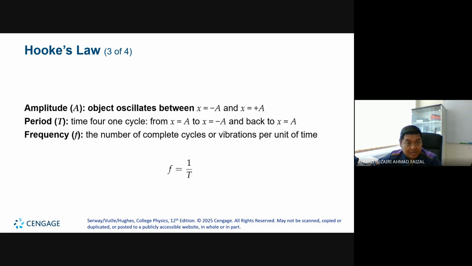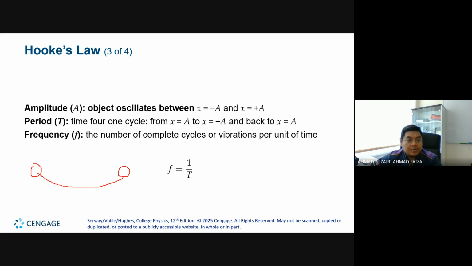Maybe some of you have already done the experiments on simple harmonic motion in the lab session. We are taking, let's say, the position here and the position here when the pendulum oscillates.